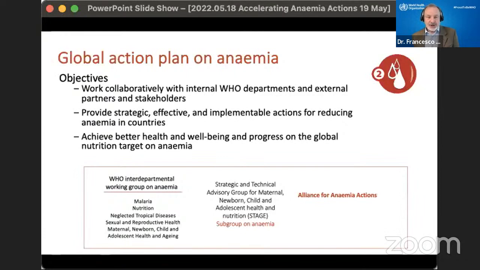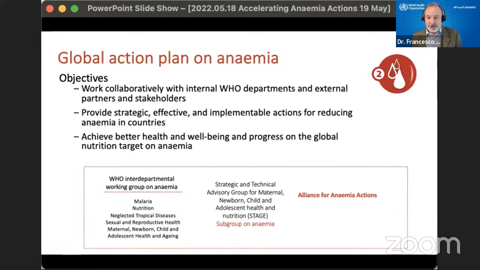Next slide, please. As you heard from Omar, I think the narrative needs to change, and it needs to recognize that there are multiple causes, risk factors, and drivers of anemia. And therefore, the objective of the Global Action Plan on the Prevention and Management of Anemia is to work collaboratively with a broad group of partners and stakeholders to provide strategic, effective, and implementable actions to achieve the global nutrition targets on anemia reduction and achieve better health and well-being.